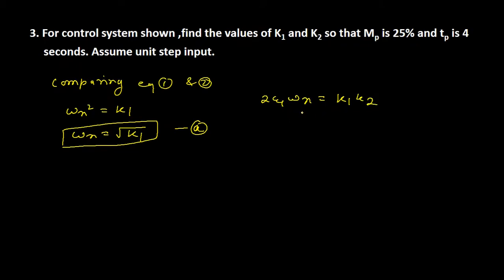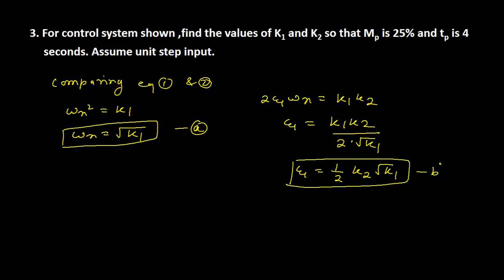We know that omega n is equal to under root K1. Therefore, zeta will be equal to K1 K2 divided by 2 into under root K1. When we simplify this equation, we will get zeta is equal to 1 by 2 K2 into root of K1. Let this be equation number B.